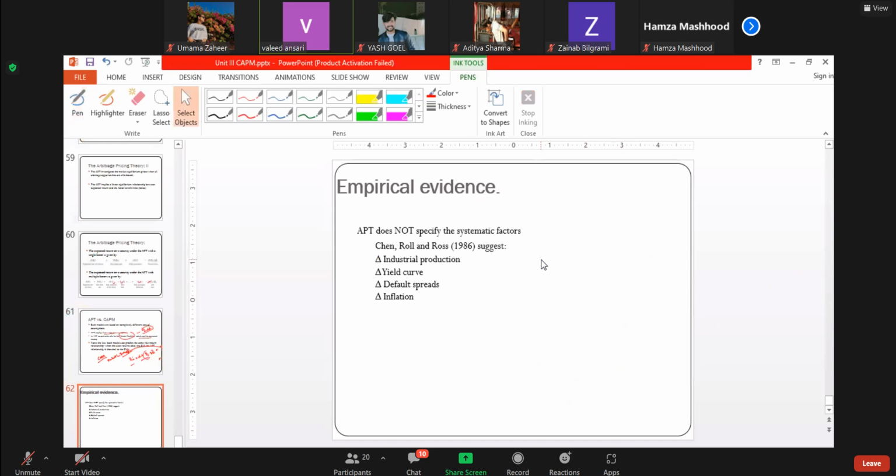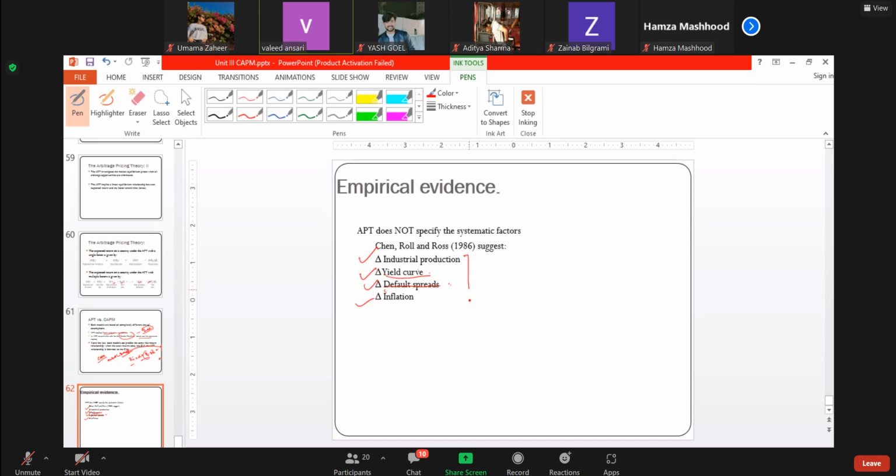And there is a study by Roll and Ross themselves. They looked at industrial production, yield rate, default spreads, the difference between high quality borrowers and lower ones, and the yield curve, the relationship between interest rate and bond yield over short term and long run.